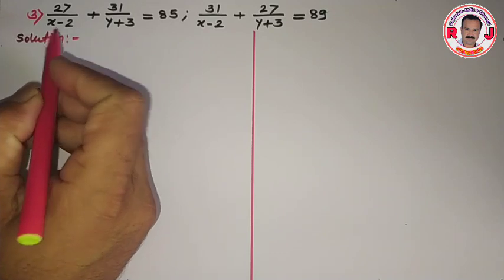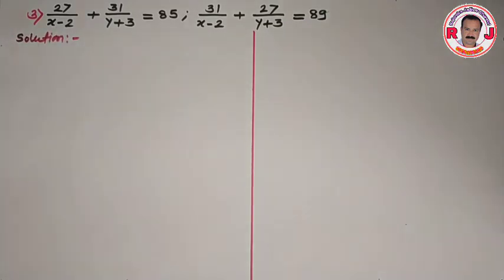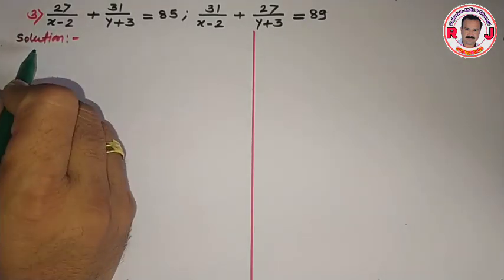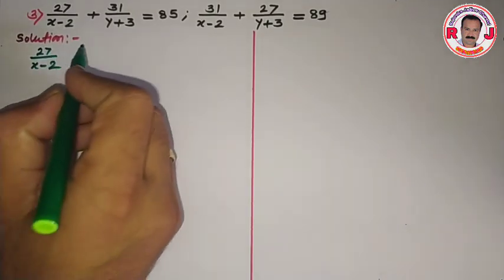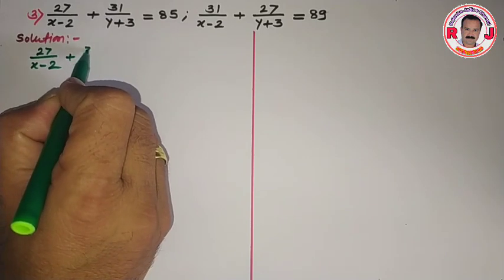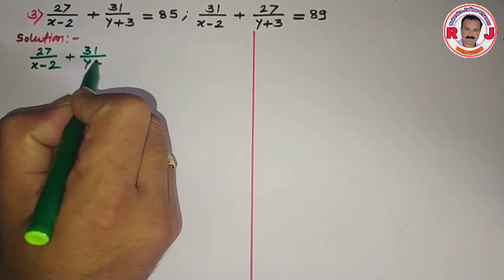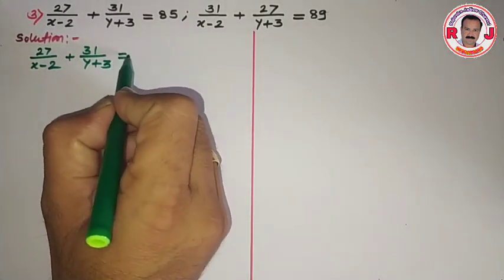First, write down these two equations. 27 upon x minus 2 plus 31 upon y plus 3 is equal to 85.